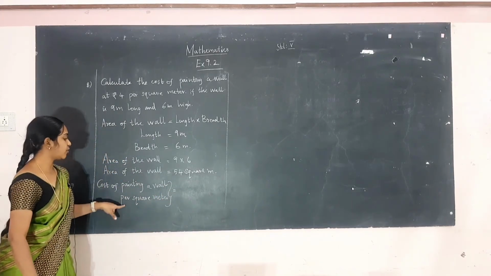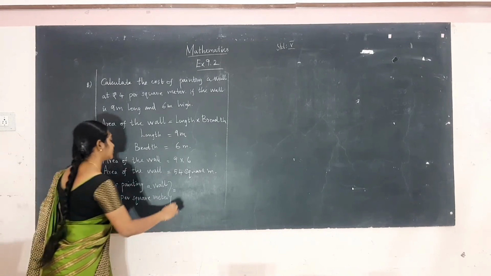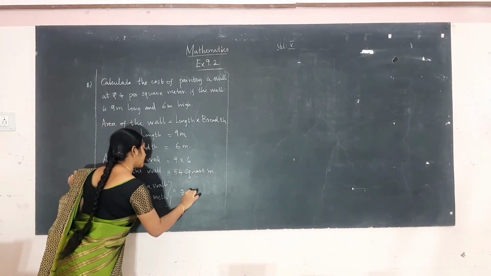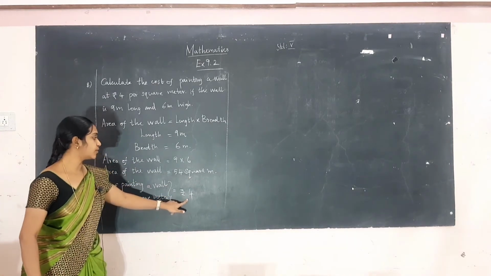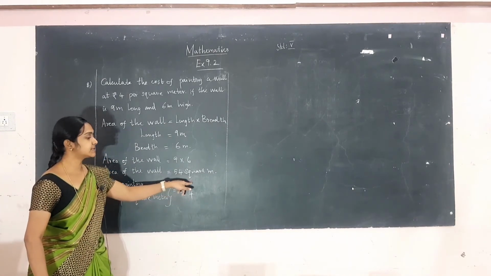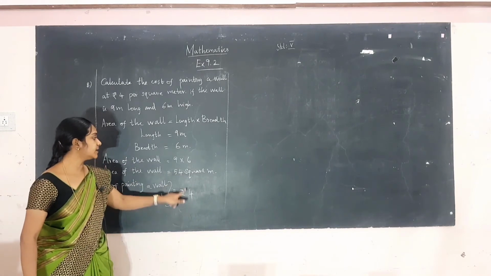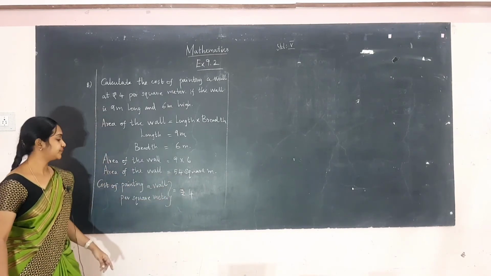Cost of painting a wall per square meter is rupees 4. For 1 square meter it is 4. Then for 54 square meter we have to multiply 54 into 4.